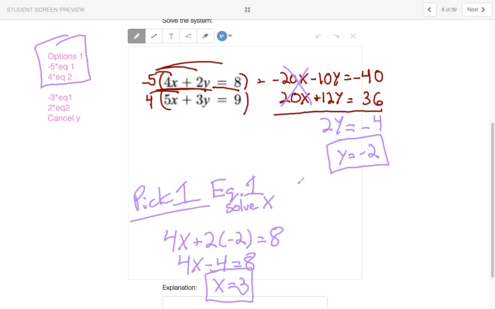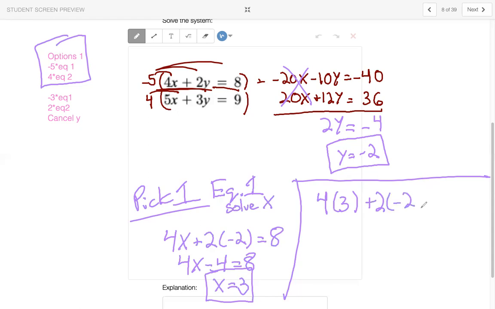And I know that I haven't asked you to check your work too much on this, but I'm going to do that right here. I've got the time. You've got the Wi-Fi. It can be done. You're not afraid, are you? So this is 12 minus 4 equals 8. Lo and behold, equation 1 checks out at 8 equals 8.